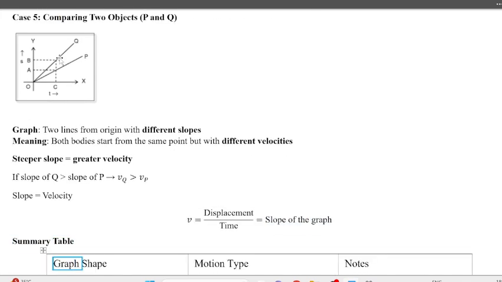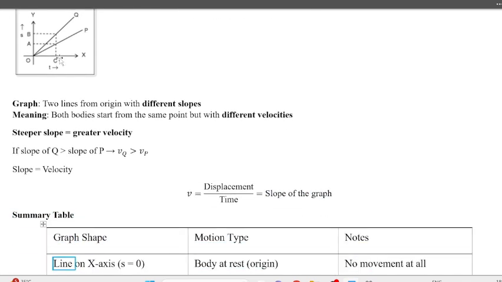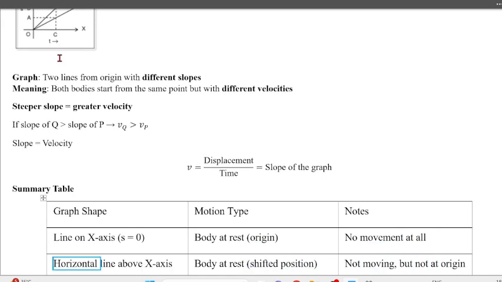Summary table. Graph shape, motion type, notes. Line on the x-axis: S = 0, body at rest at the origin, no movement at all. Horizontal line above the x-axis: body at rest at a shifted position, not moving but not at the origin.